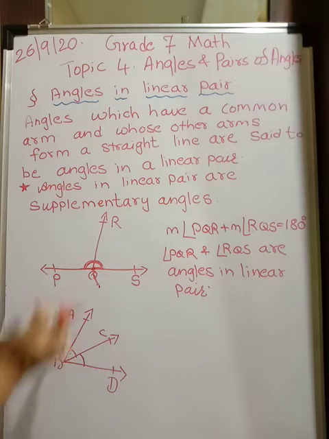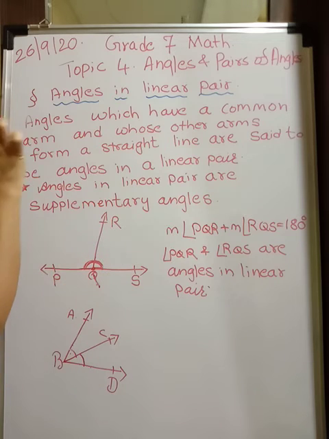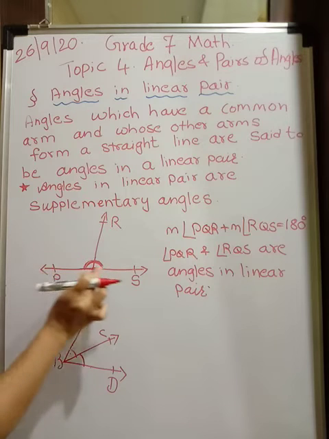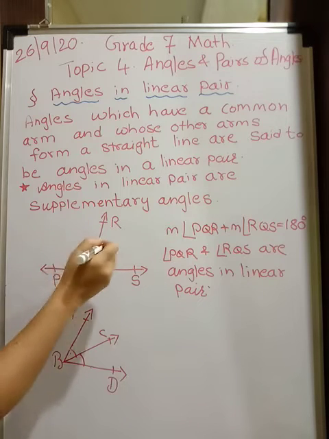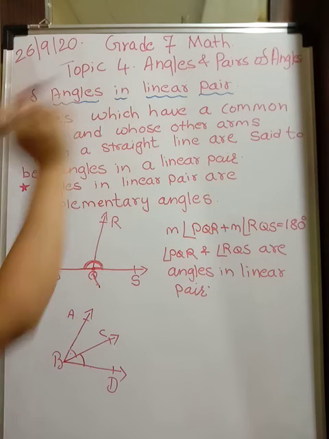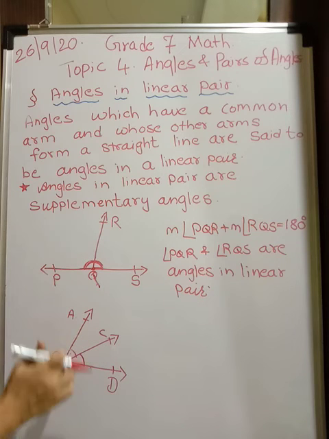So such adjacent angles whose sum is 180 degrees, or we can say angles which have a common arm and whose other arms form a straight line, are called angles in linear pair. These are not angles in linear pair. Their sum is not 180 even though they are adjacent angles.